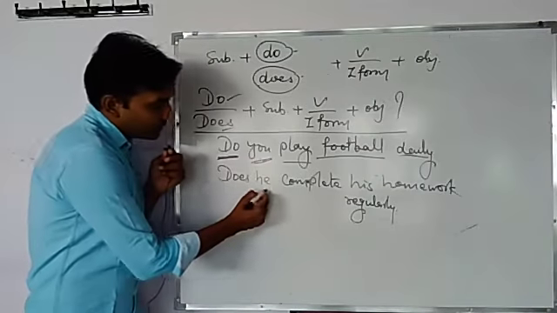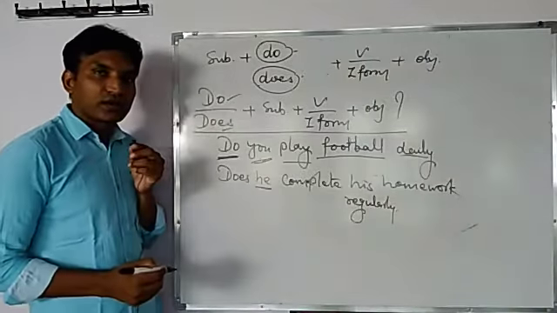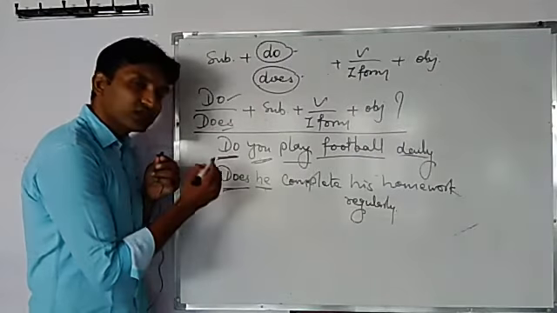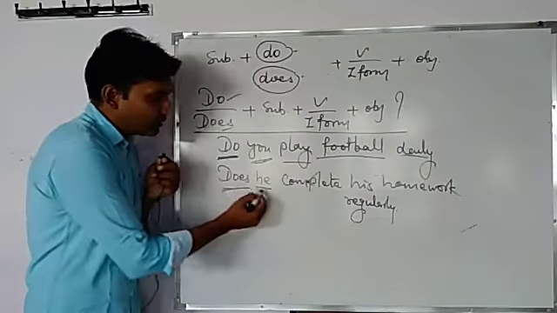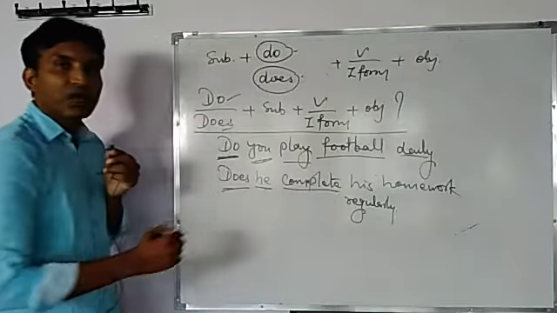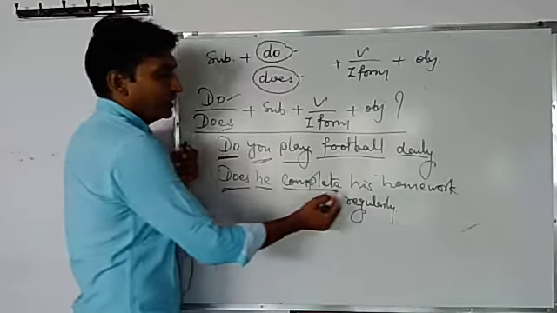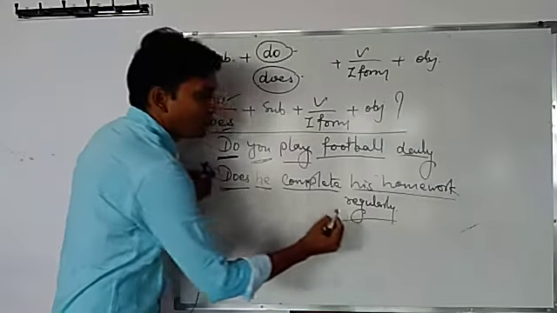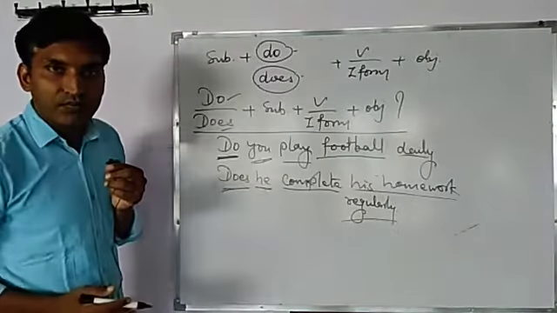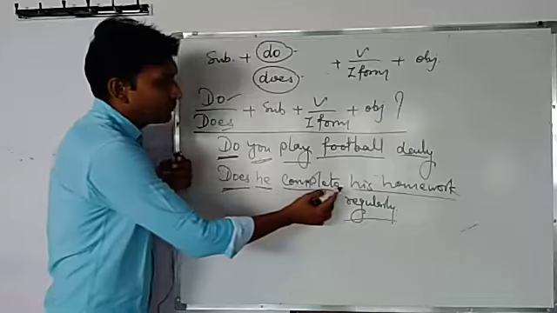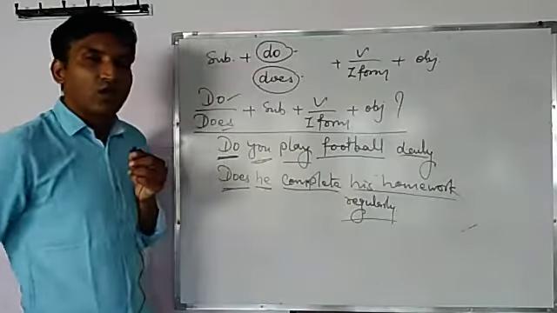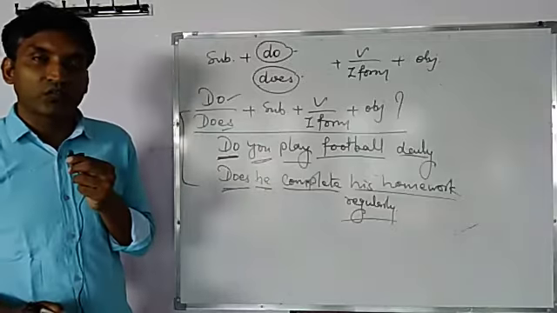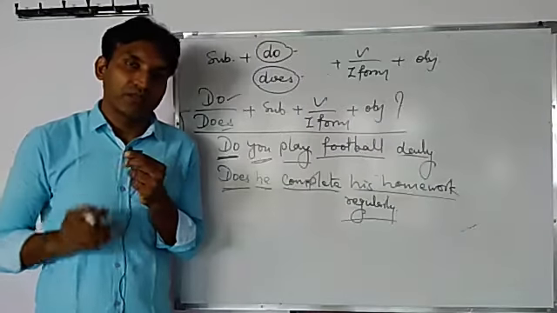Now look, the subject is singular. So because of this, here the helping verb is does. So does he, then the first form of the main verb complete. Does he complete? Then the object is homework. And regularly once again is the adverb. So does he complete his homework regularly? So this is the framing of interrogative sentence of present simple that starts with a helping verb.